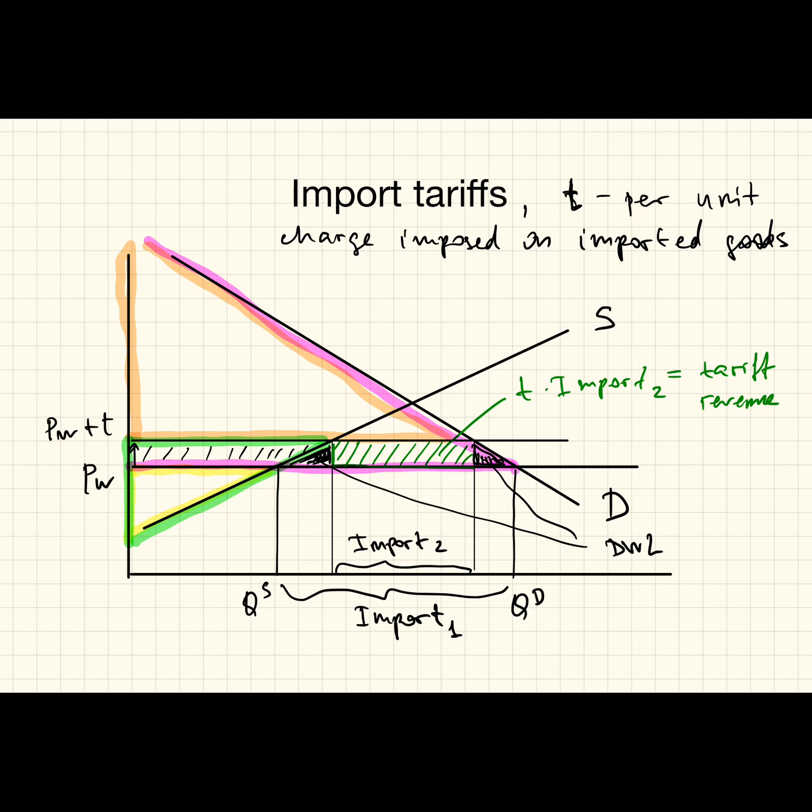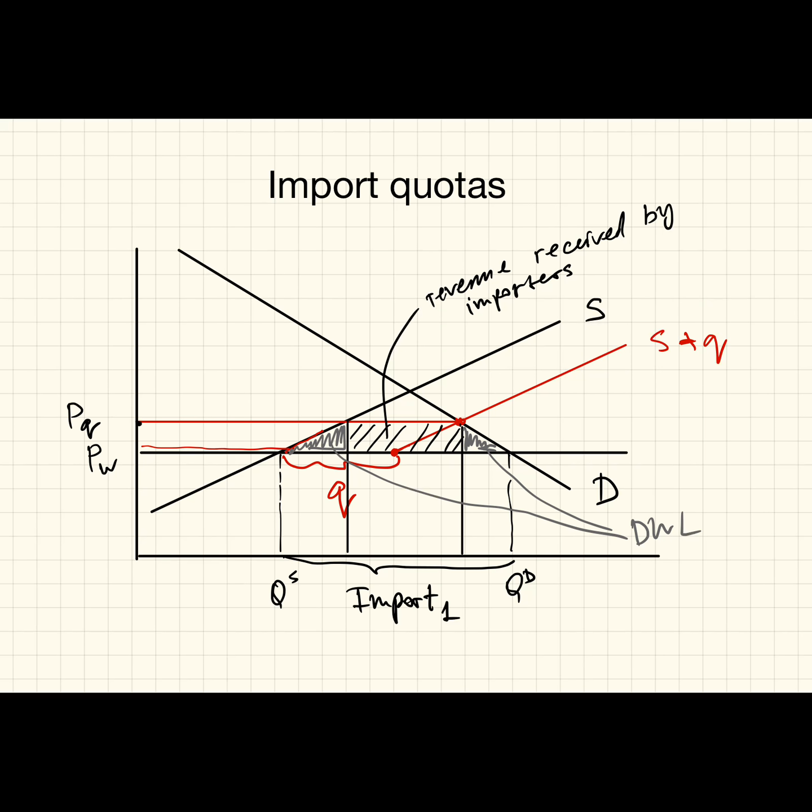Consumers lose, so we go from purple to, looks like brown. So this part is exactly the same. Of course, consumers lose, producers gain. People who are in this importing business definitely gain, and then we have some deadweight loss. So that's the story of import quotas.